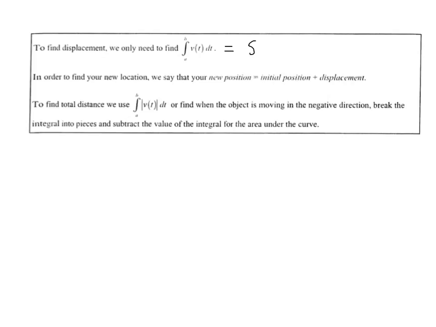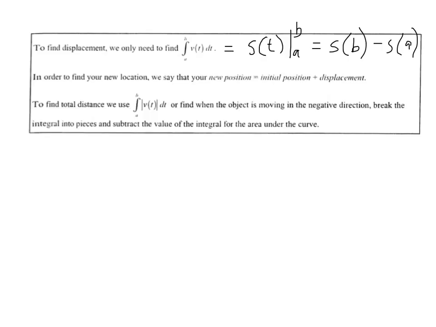Remember that position, we use an S. So we say the antiderivative is function S, and we'd have to still plug in B and A. And so that really is S of B minus S of A. If we follow through the math definition, when I integrate there, I'm going to take the ending position, what's going on at B, and subtract the beginning position, what's going on at A.